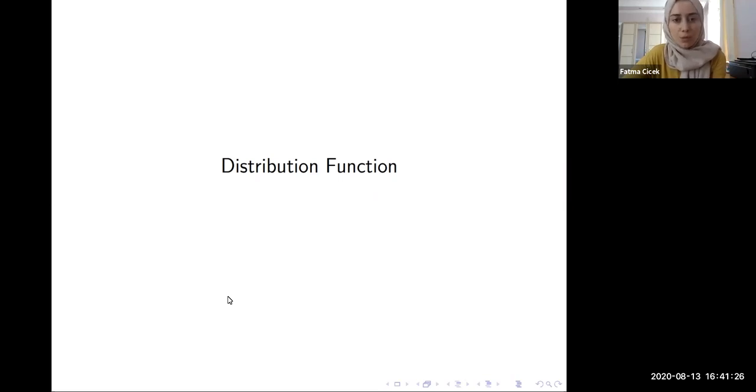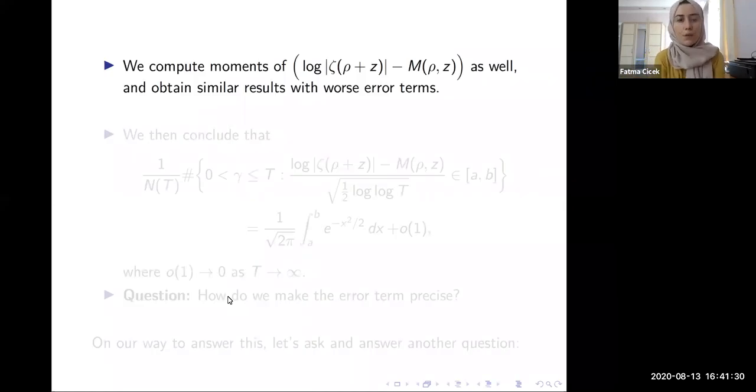Now I want to speak about how to say something on the distribution function. Since we computed the moments of the real part of the Dirichlet polynomial, we can also compute moments of our function. This is because we had an approximation for our function in terms of the real part of the polynomial. It's just that the error terms will reverse in that case.